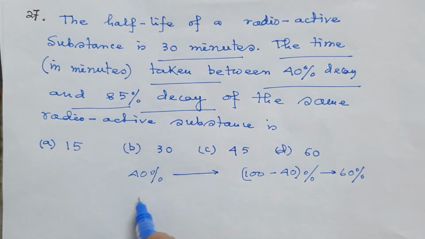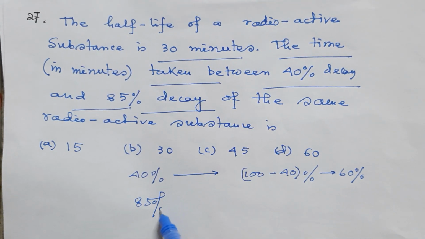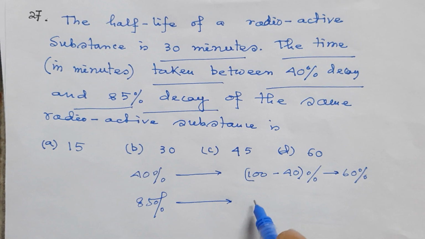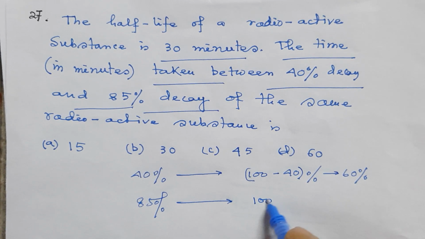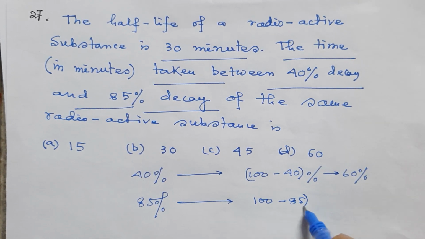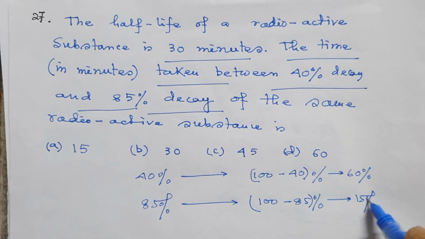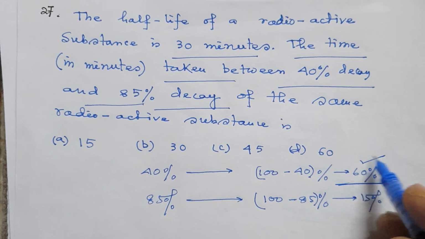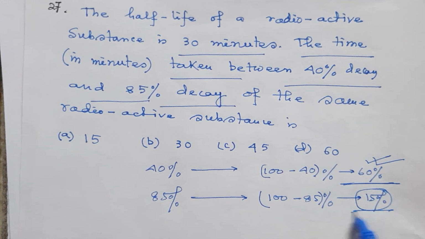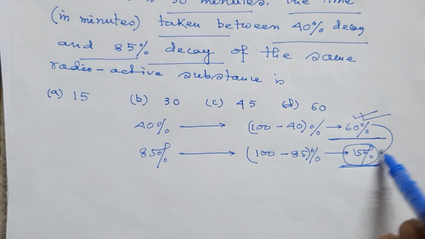In the second case, 85% decay means the non-disintegrated portion is 100 minus 85, that is 15%. So in the first case the non-disintegrated atoms were 60%, in the second case 15%. So the ratio is 4.